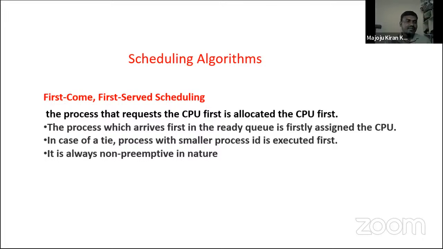It is always non-preemptive in nature. Non-preemptive means that until the first process has been completed, the second process will not begin, and until the second process is completed, the third process will not begin. The processes get executed according to their arrival time: first P1, then P2, and then P3.